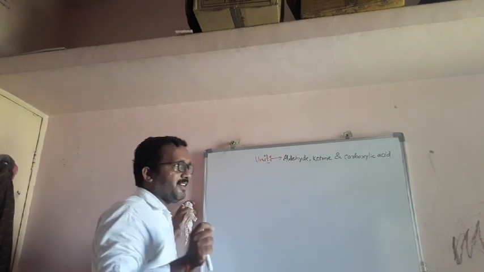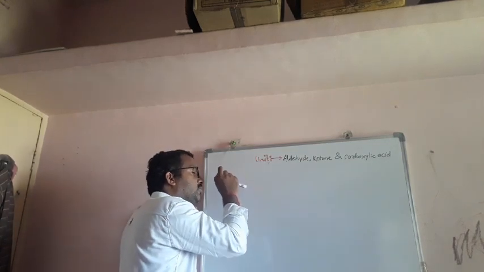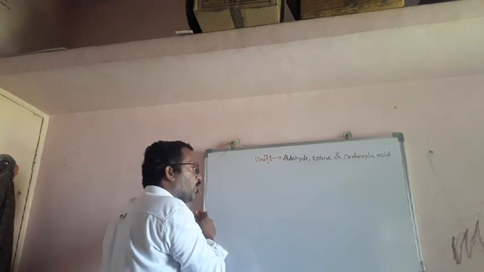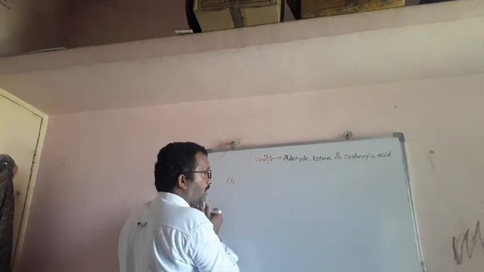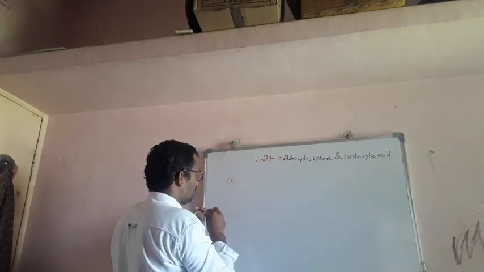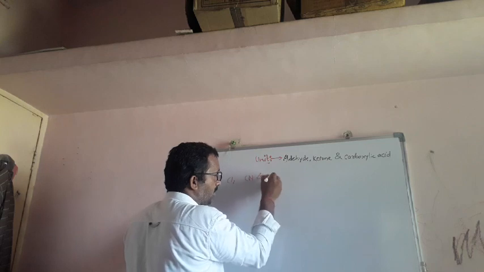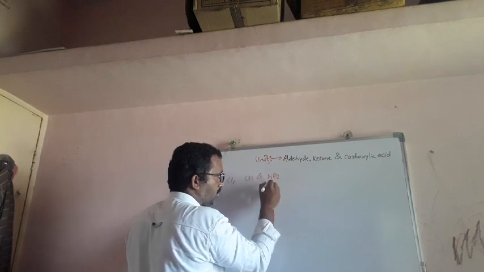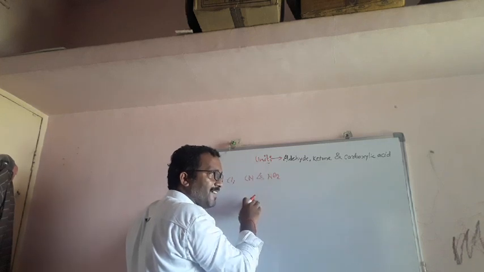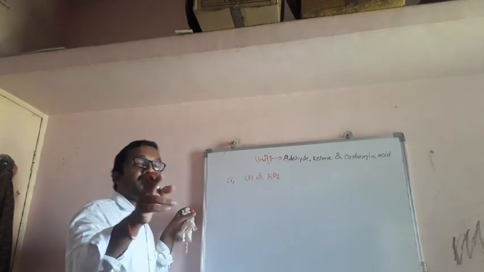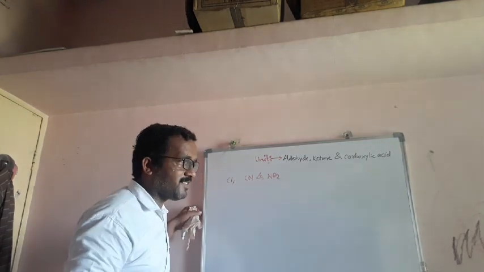I have to repeat that. When an electron withdrawing group like chlorine, that is Cl, or NO2, is bonded to benzoic acid, it increases the strength of that benzoic acid or aromatic carboxylic acid.